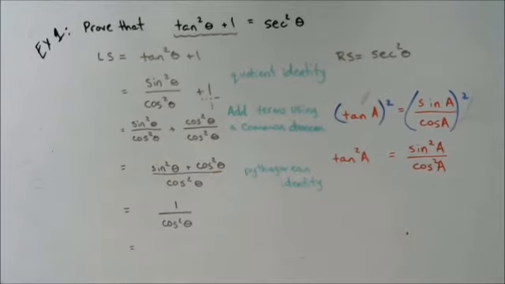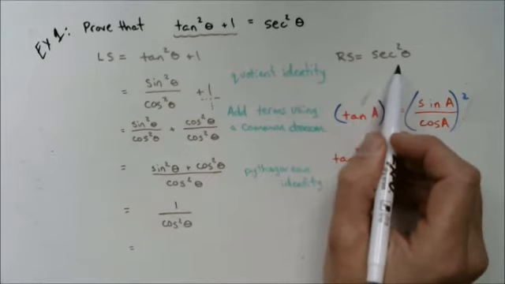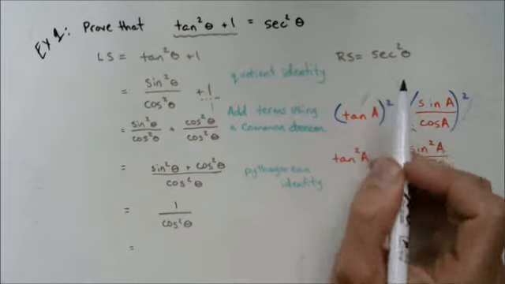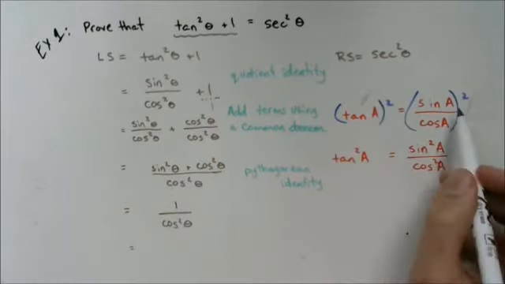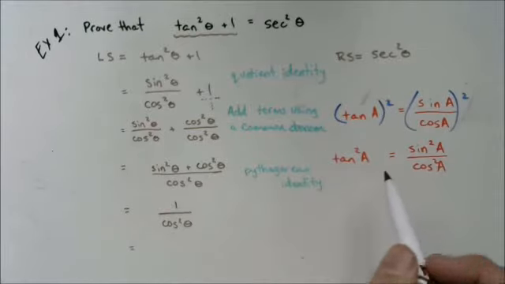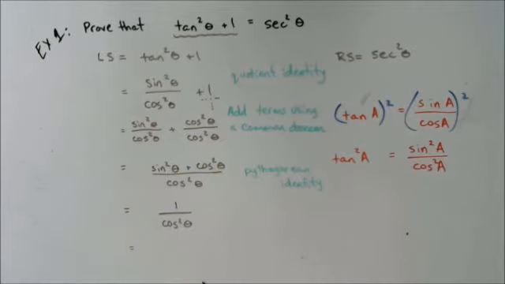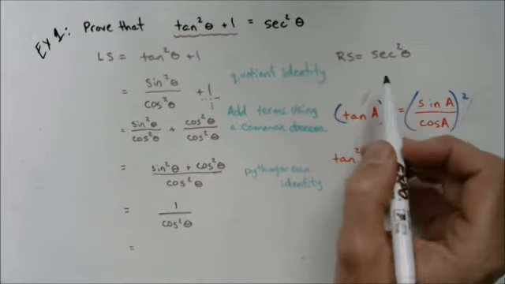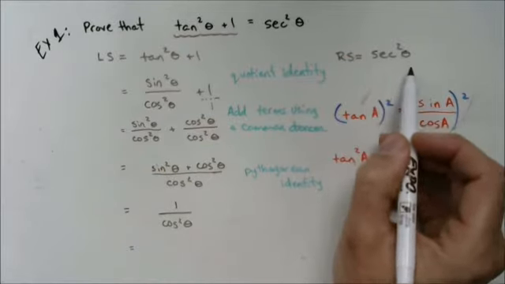And now you're saying, oh, I know a relationship between cosine and secant. They are reciprocal ratios of one another. And by this same rule that we drew out here for the quotient identity, if you were to square all of the pieces, you'd end up with 1 over cos squared of theta is equal to secant squared theta.